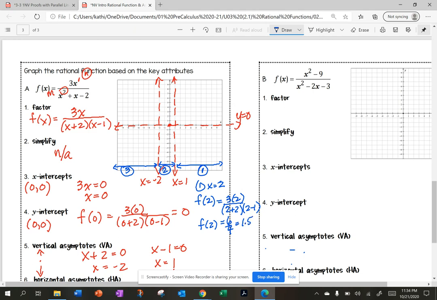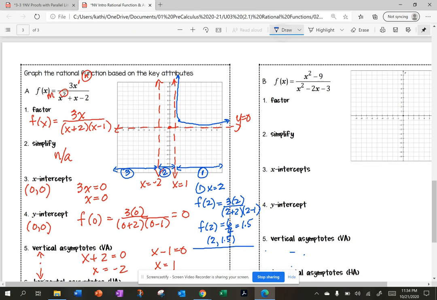So my point is 2, 1.5. I'm going to plot that. My point at 2, 1.5 is here. I know I don't go across the asymptote, so I'm in the top part. I'm going to do the same thing for the other 2 intervals.